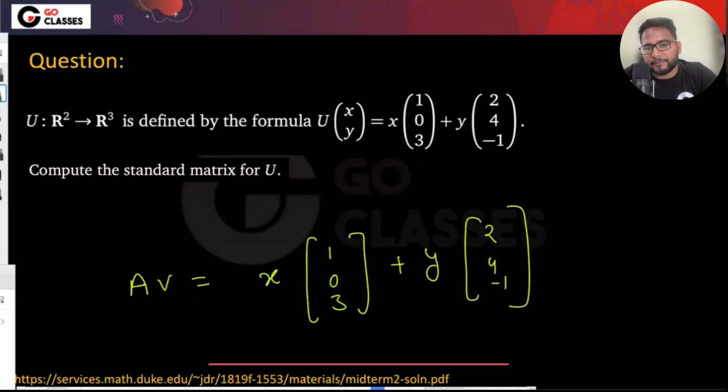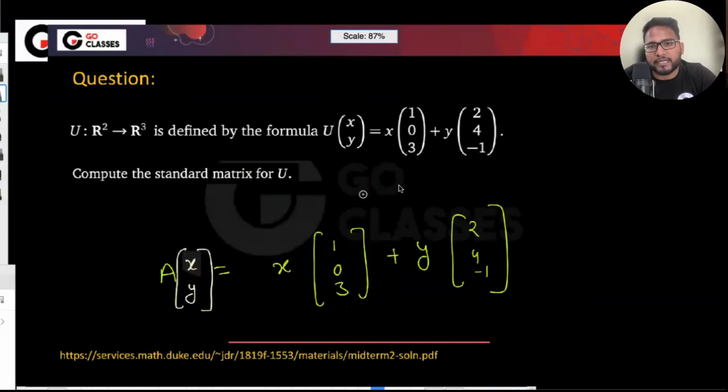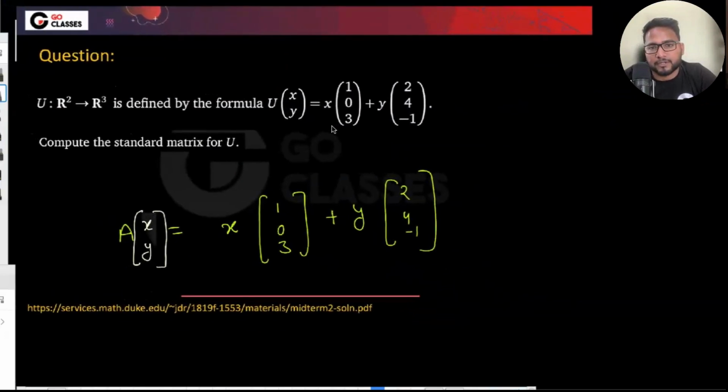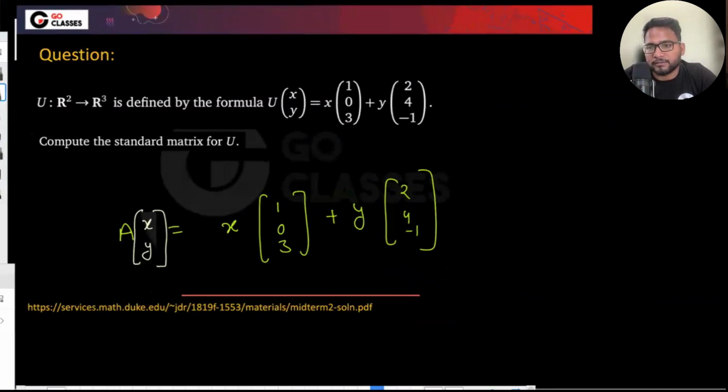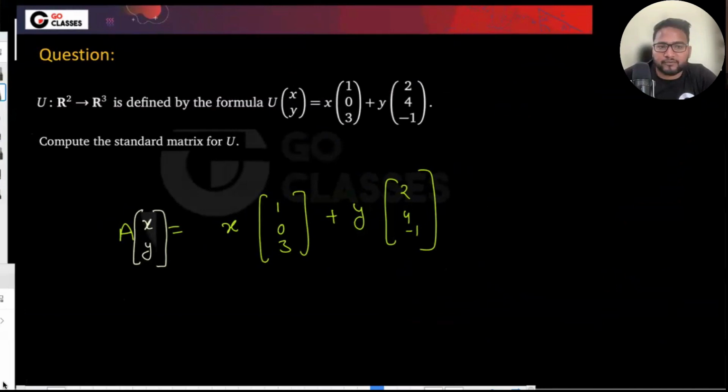What is that matrix A? v is nothing but (x, y). Tell me, what is that matrix A such that this property is satisfied? Very easy to see, right? So this is 1 0 3 and 2 4 minus 1, right? So A is very straightforward to see.